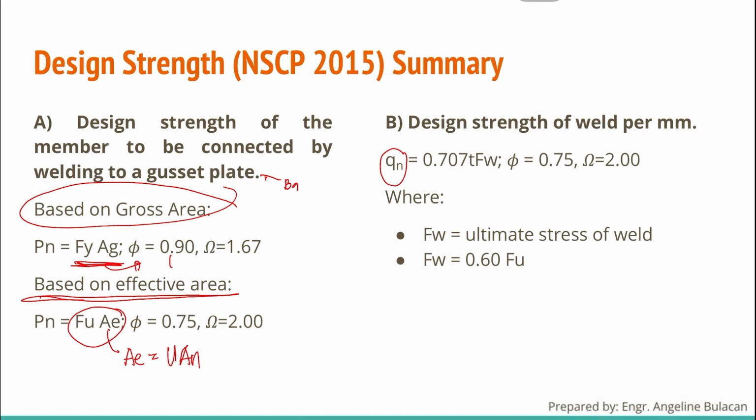It is equal to 0.707 t times Fw, where Fw is the ultimate stress of the weld. If Fw is not given and there is only Fu, we use the value of 0.6 times the Fu. Then, again, for the reduction factor, we use 0.75, and for ASD, a safety factor of 2.